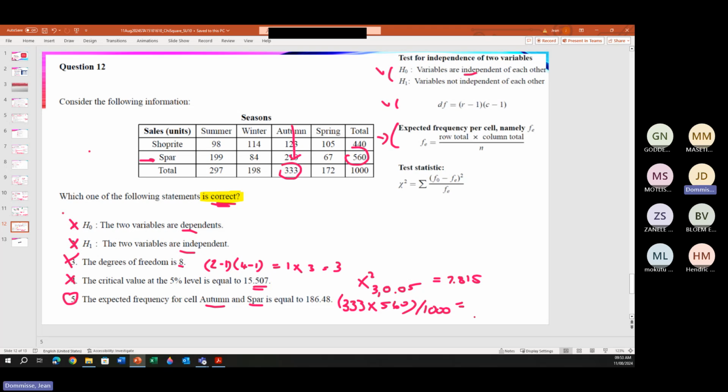Okay, so let's quickly check. 333 times 560 divided by 1,000 is 186.48. Okay, which is the correct one.